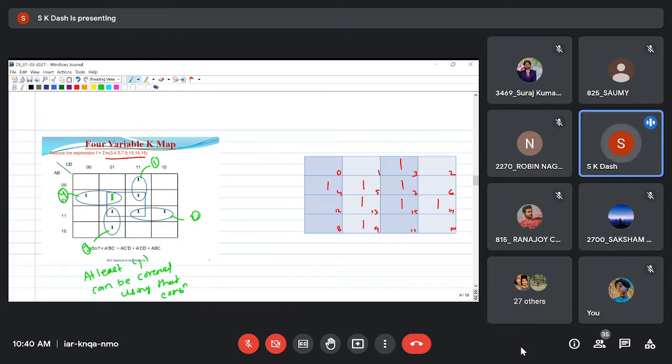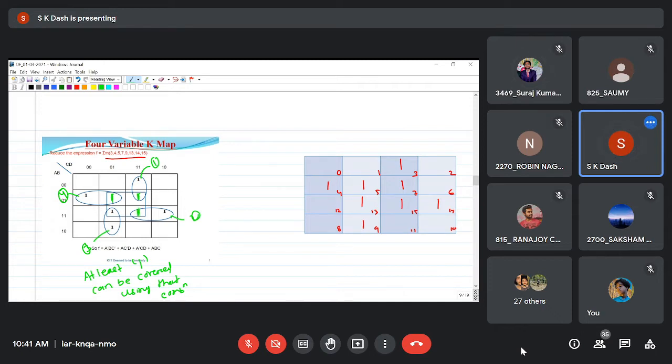It is covered using the quad, yes or no? Apart from that, it can be covered using pair number 4 also. Next, this one can be covered using 2 combinations: quad or pair number 1.